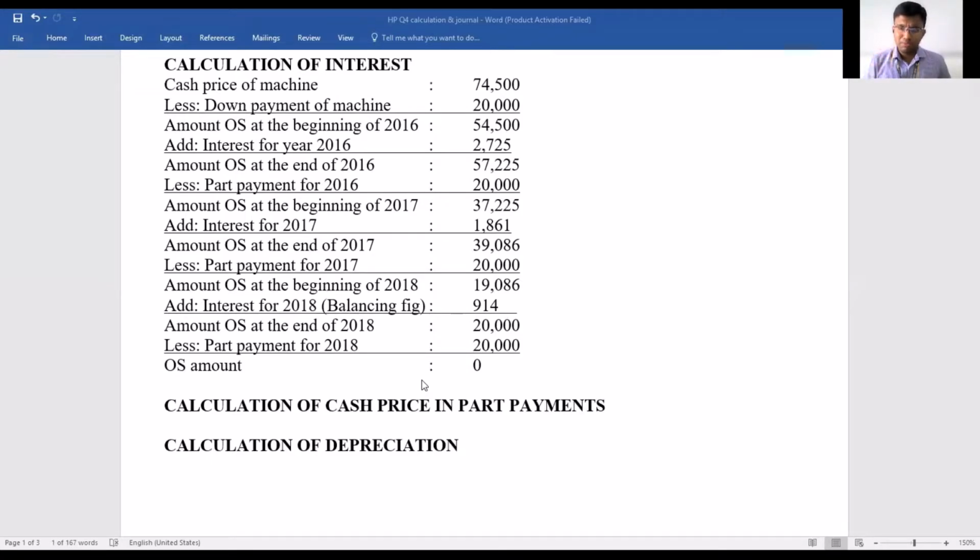In every part payment that you make in hire purchase, a certain portion goes towards the cash price, and a certain portion goes towards the interest. So for example, in 2016, the part payment is 20,000, and in that 20,000, 2,725 goes towards interest, and the balance amount goes towards the cash price. So this is how typically it works out.